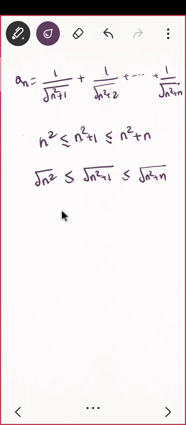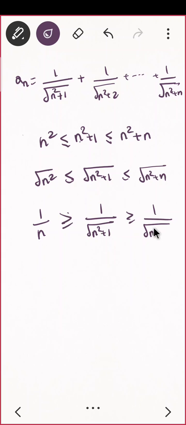What should I do now? 1 upon, this will be n, no? This is same as n. So it will be 1 upon n, that will be greater than or equal to 1 upon square root of n square plus 1, and that should be greater than or equal to 1 upon root of n square plus n. Is that clear?